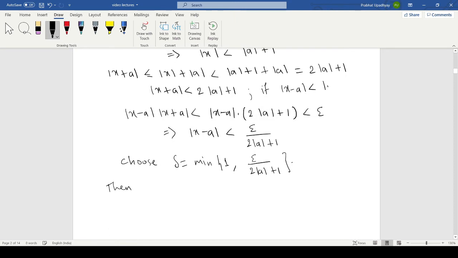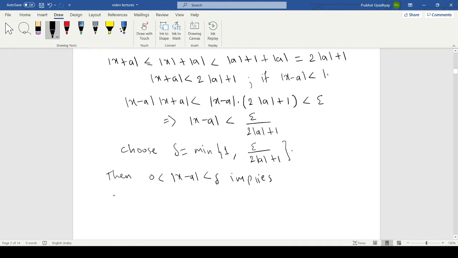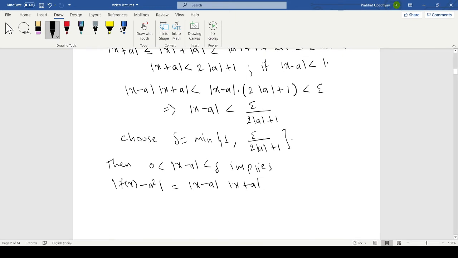If I choose my delta to be this, then 0 less than |x − a| less than delta implies |f(x) − a²|, which was equal to |x − a| times |x + a|, is less than... now my |x − a| is less than delta, and delta is the minimum of 1 and epsilon upon 2 times |a| plus 1.